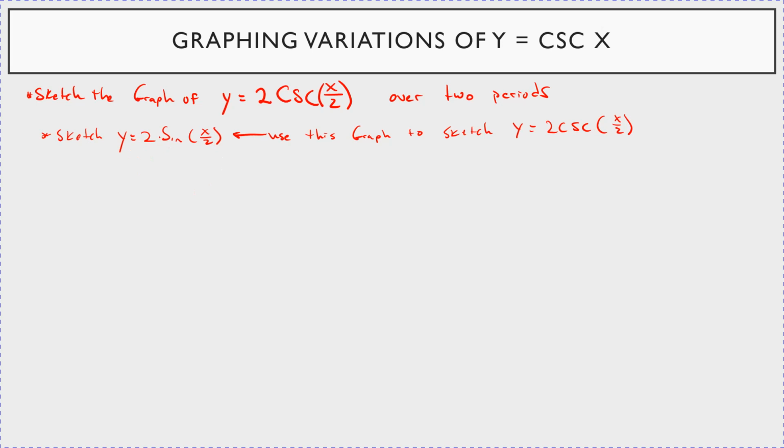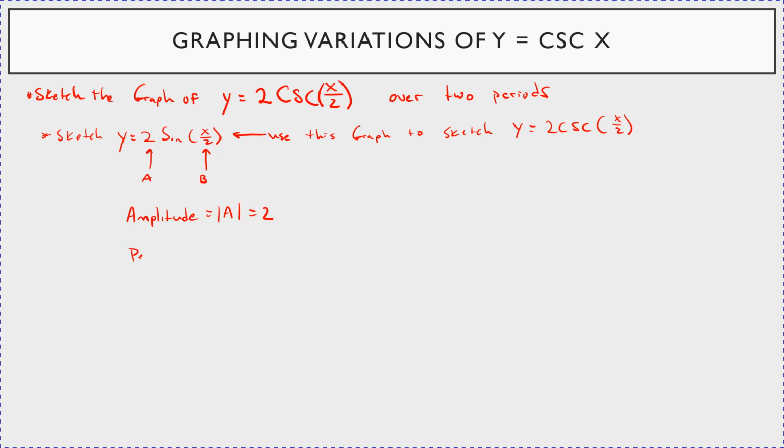Here, this is my a. Here, x over 2, my b is 1/2, and there is no c. So you're just going to go through what we spent a ton of time talking about in those previous lectures. The amplitude is equal to the absolute value of a, so that's 2.